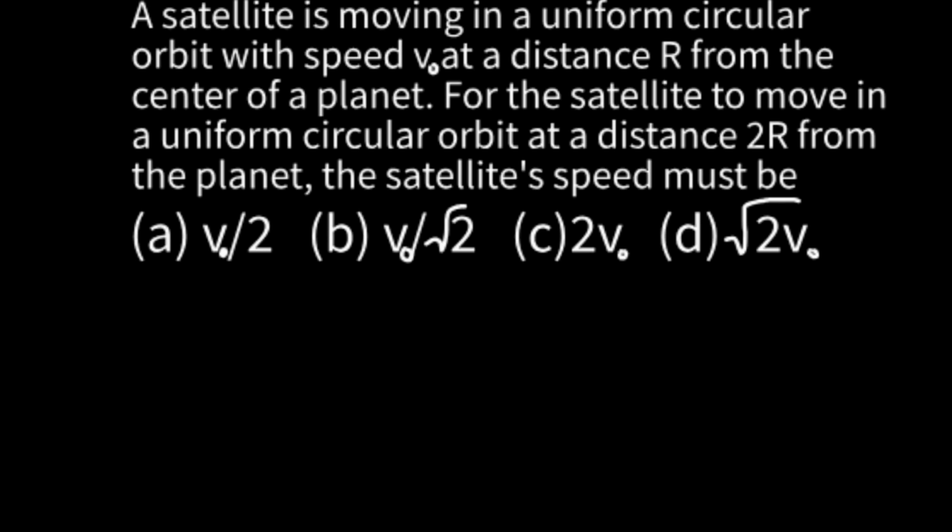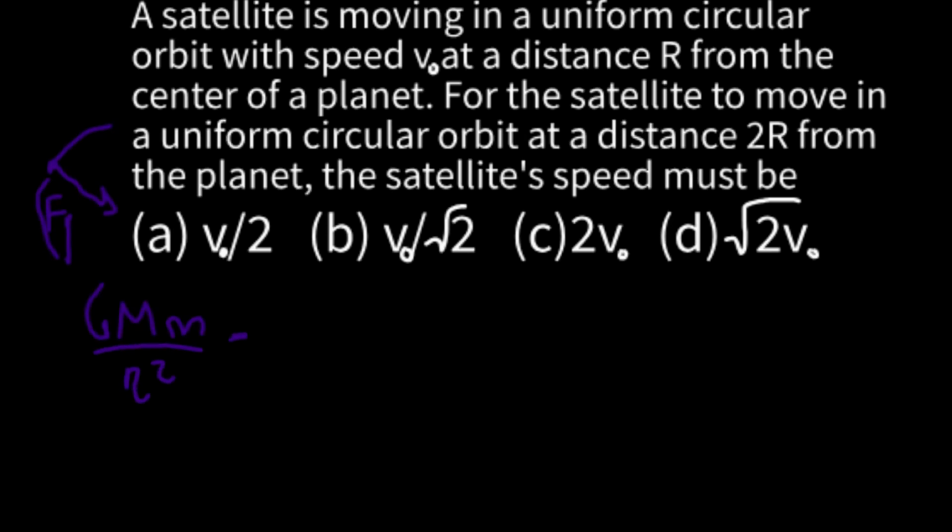Well, if this were our satellite, and this is its orbit, it has a force of gravity directed towards the center of the planet, and that is G times the mass of the planet, mass of the satellite divided by r squared.